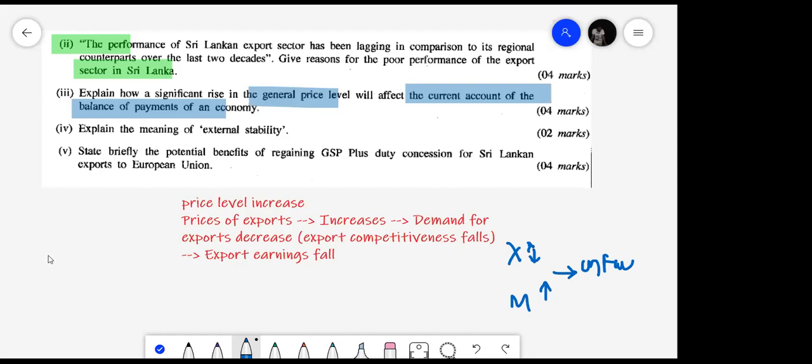Let's take the direct quotation in terms of US dollars, with demand and supply. Let's say the exchange rate was 200, one US dollar was 200.